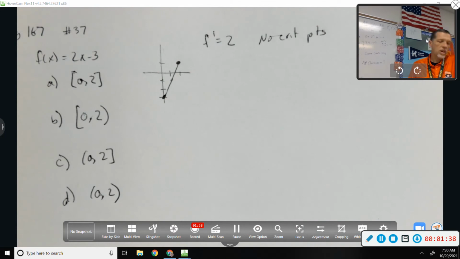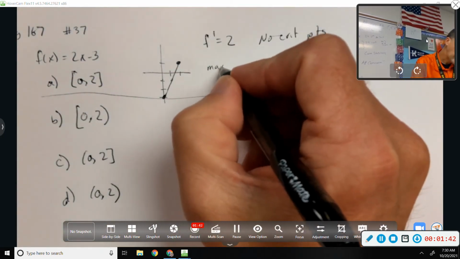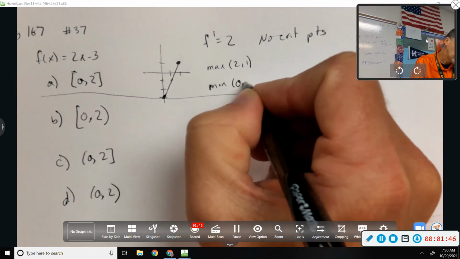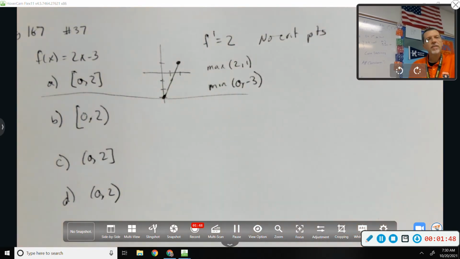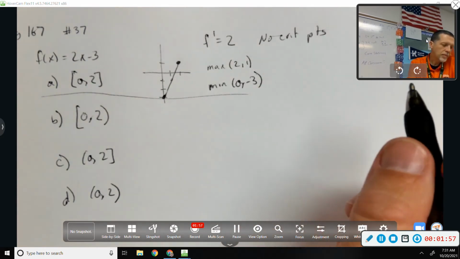So there's question A. There's a max at (2, 1) and a min at (0, negative 3). Nice and easy. And the picture confirms what we said already. There's no critical points, it's just a line.